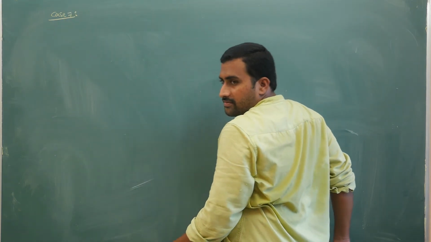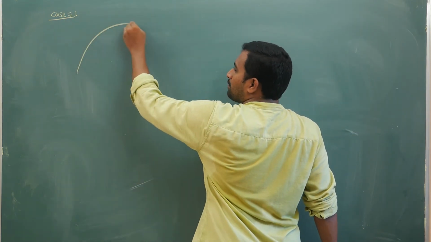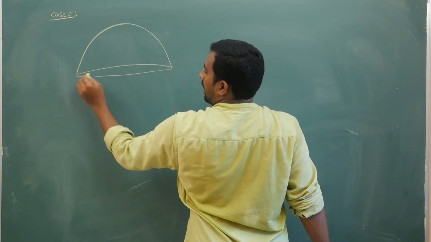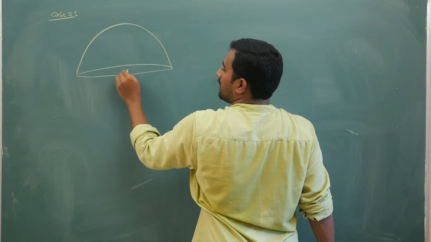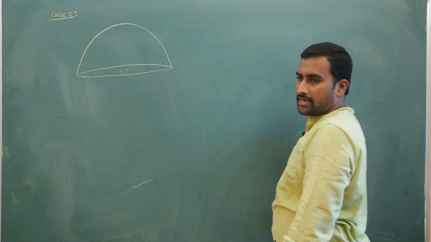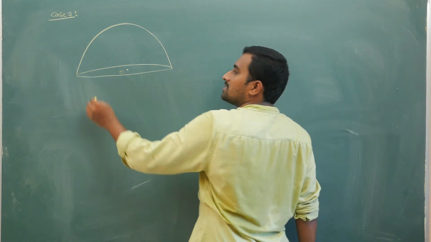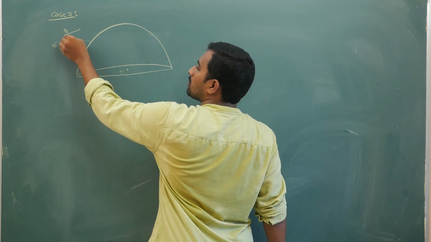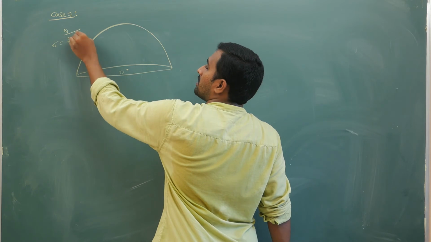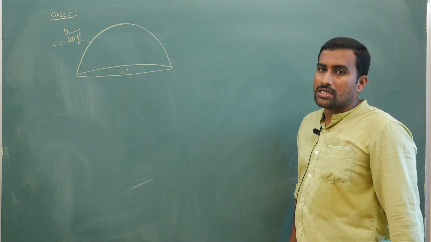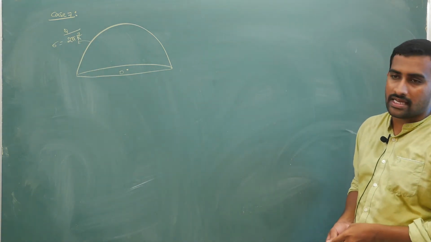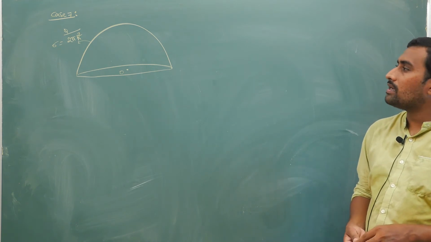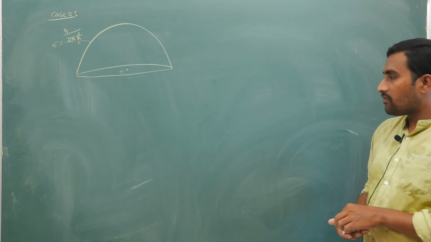You have a hemispherical shell like this, and you are trying to calculate field and potential at this point O. Your charge is distributed along surface area, so your surface charge density is sigma equal to total charge q by 2 pi r square, because for a full sphere your surface area is 4 pi r square.